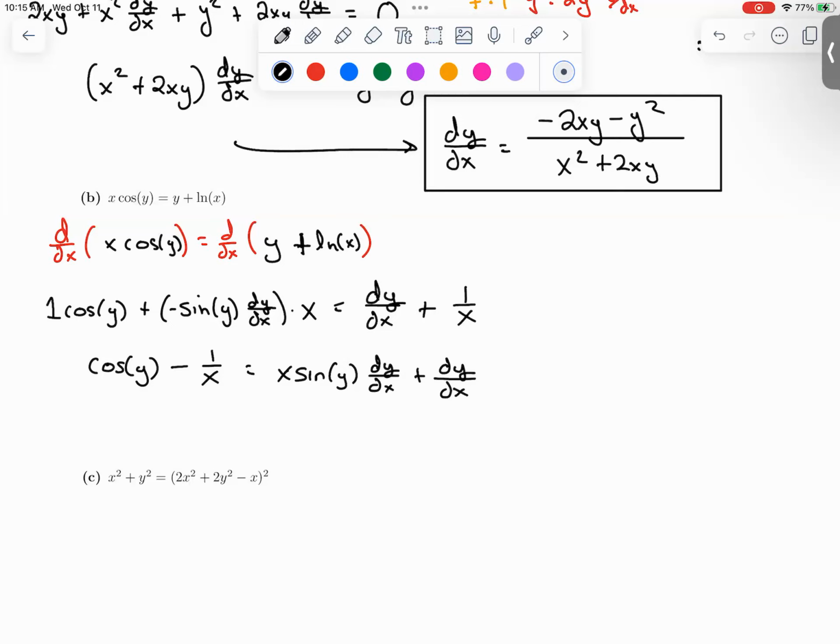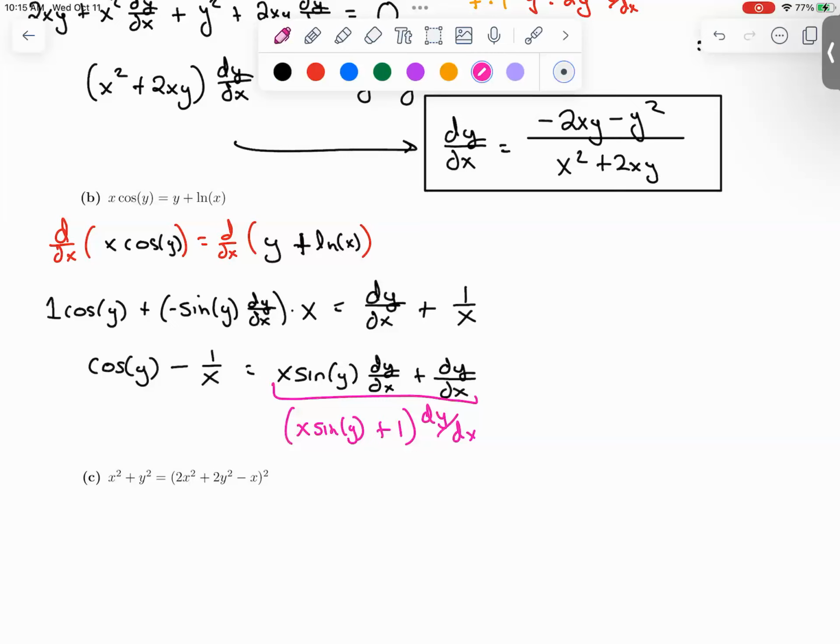And to save on space, I'm just going to factor this underneath it. This ends up being x sine y plus 1 times dy dx, because that second term is just 1 dy dx. That's why it's x sine y plus 1.